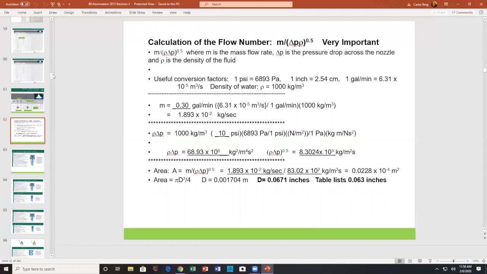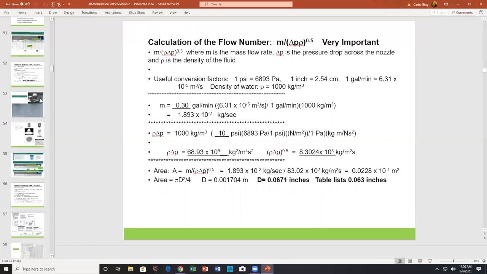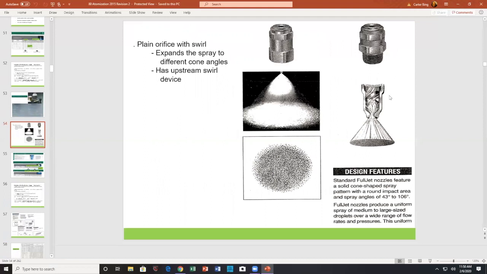Going back to the full cone up here, you can put all kinds of things up in this region. You can put up a filter, you can put up a static mixer, this is free for you to change.